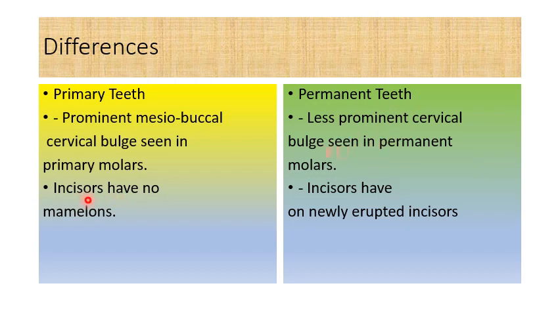The incisors have got no mamelons, and if they have got no mamelons, they will obviously have got no developmental grooves in the incisors. ठीक है, जो incisors है उसमें mamelons नहीं होते, उसमें developmental grooves नहीं होते, जबकि permanent में we have got these mamelons and we have got these developmental grooves present in the incisors.